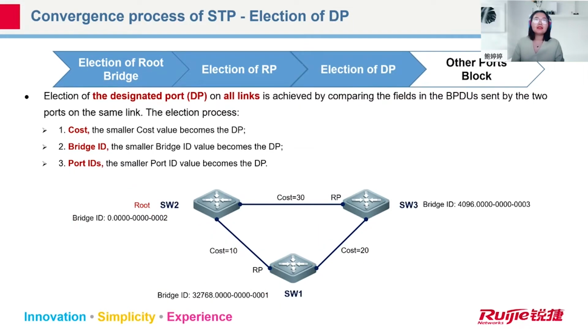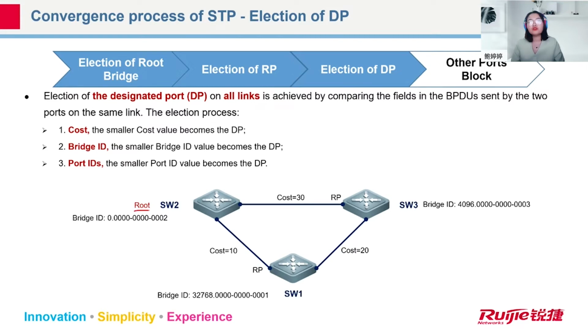Okay, and the next one is the DP. The DP selection for all links is achieved by comparing the fields in the BPDU message. On one link, the interface with higher priority becomes the DP. Each link has at least one DP.